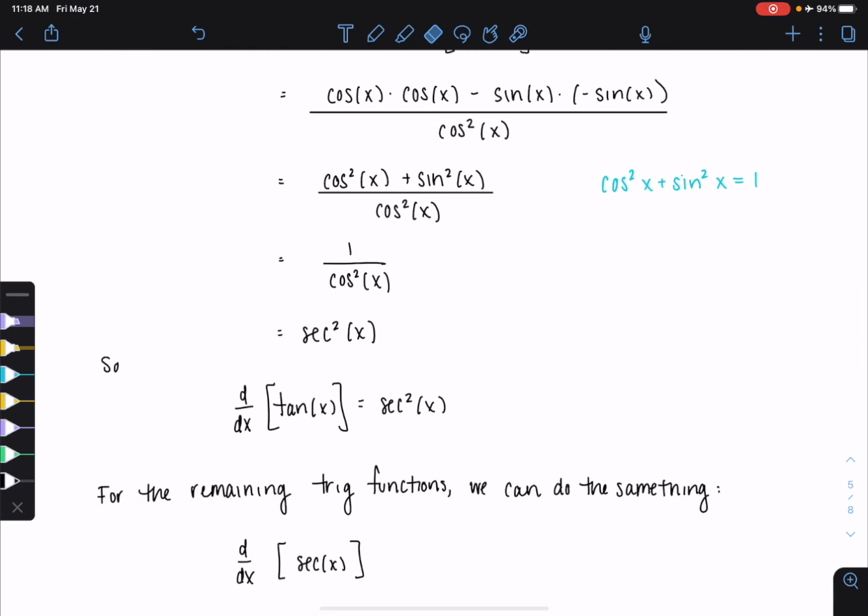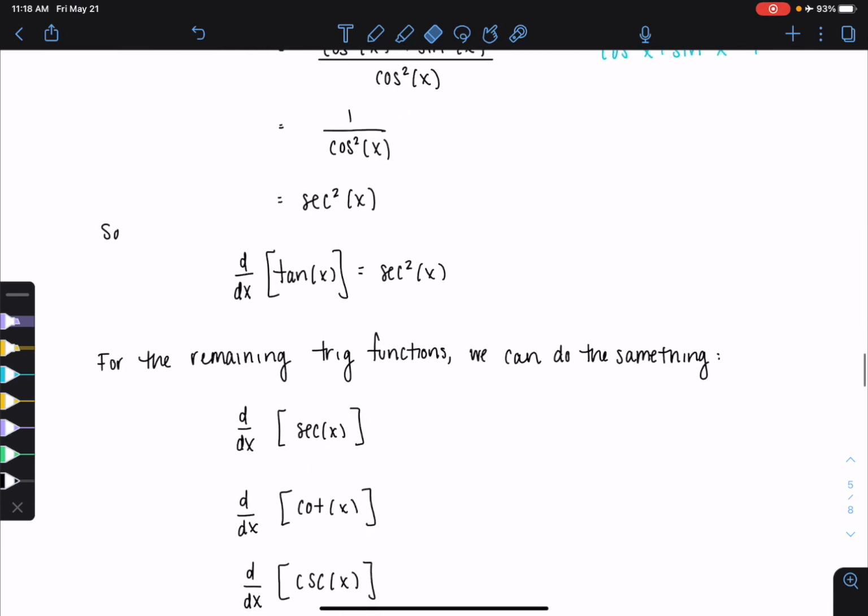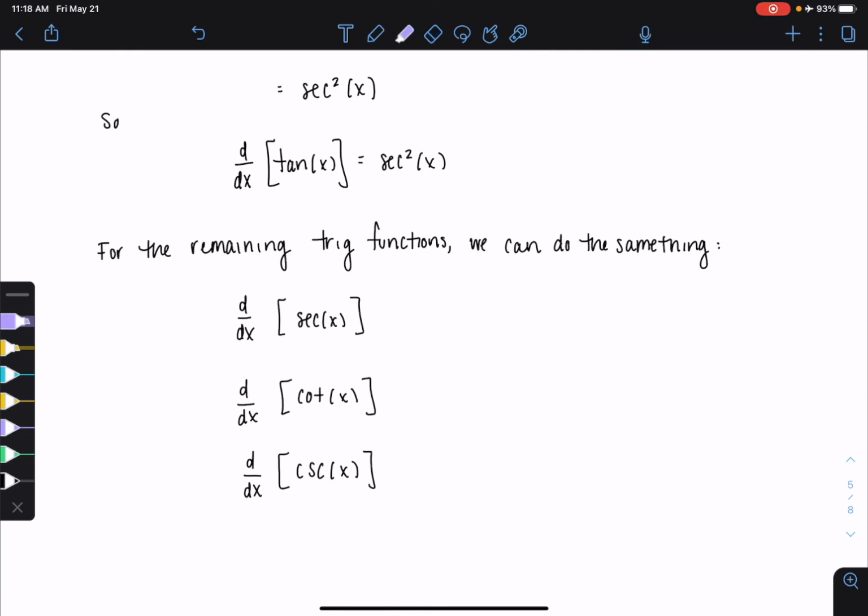Okay. For all of those remaining trig functions, you can really do exactly the same thing because secant is 1 over cosine. Go through applying that quotient rule. You're going to find out the derivative of secant is secant tangent. Derivative of cotangent is a lot like tangent. It's negative cosecant squared instead. And then likewise, secant and cosecant are similar.